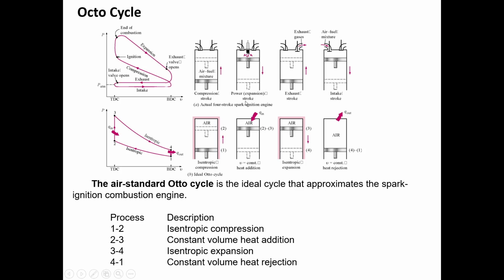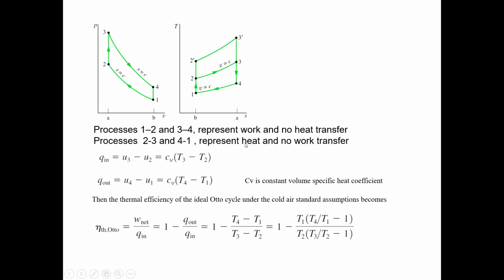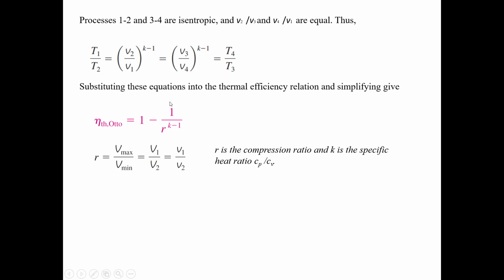And the same thing we have mapped into the mechanical cycle as well as the thermodynamic cycle, if you remember, right? Then after we derived the equation for the efficiency eta, we get eta equal to 1 minus 1 over r to the power k minus 1, right?